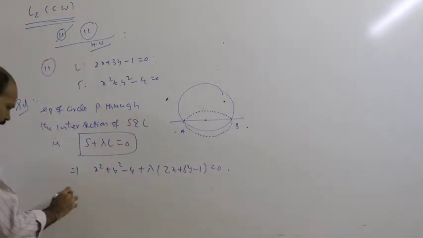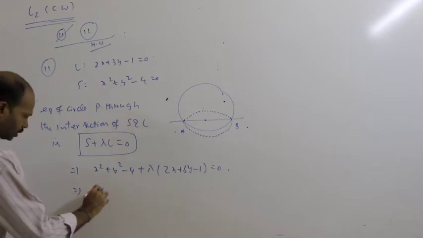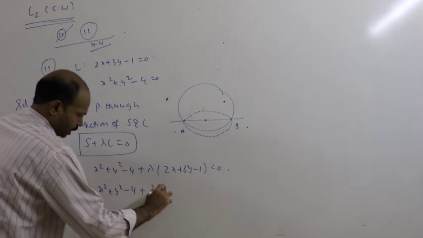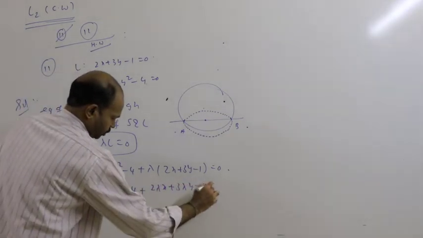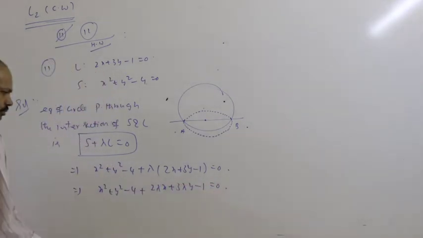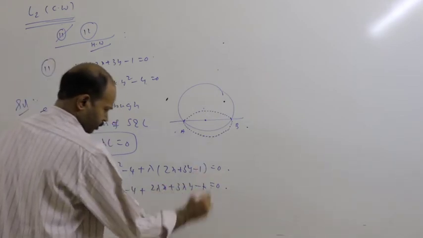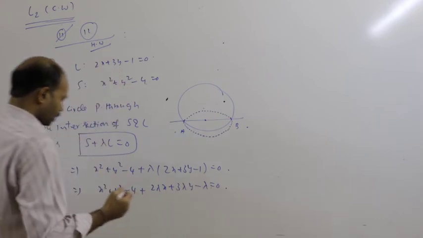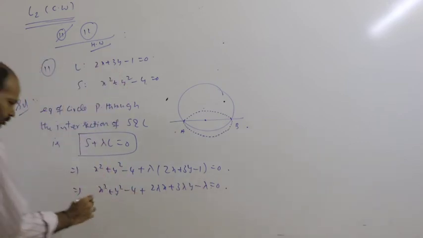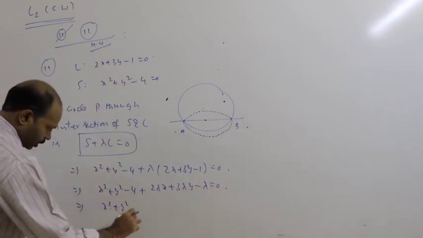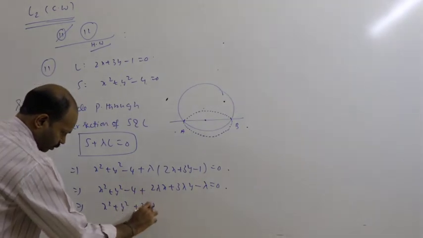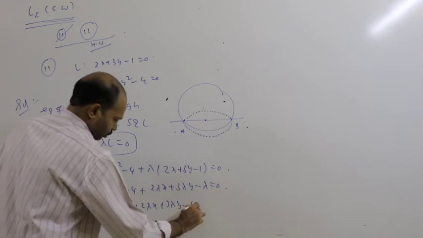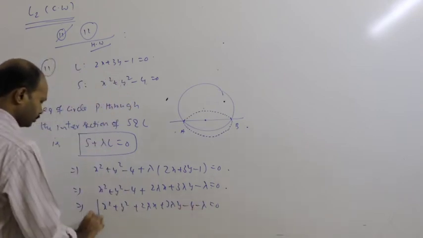Convert this into the standard form: x square plus y square plus 2 lambda x plus 3 lambda y minus 4 minus lambda is 0.